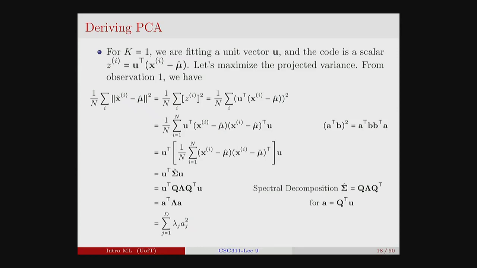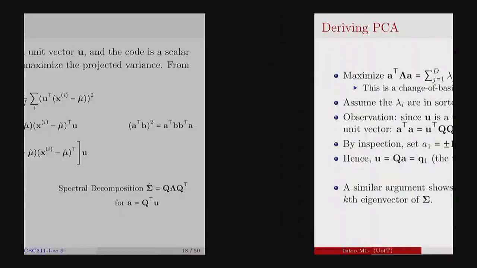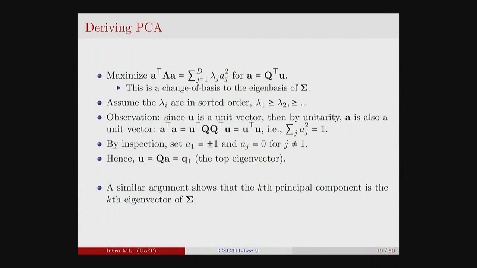Because when I do that, if we want to maximize the quantity on the right, for a equal to Q transpose u, then we can assume that each of the lambda i's are in sorted order. Since u is a unit vector, a is also a unit vector, because a transpose a is equal to u transpose Q Q transpose u.